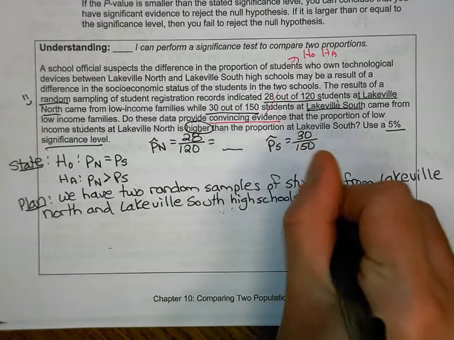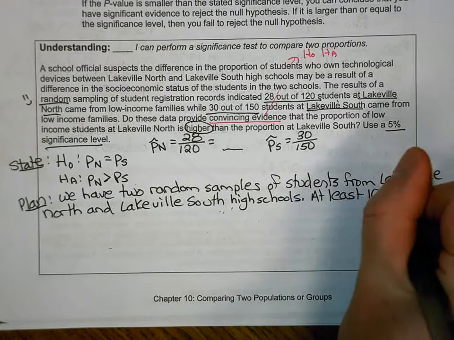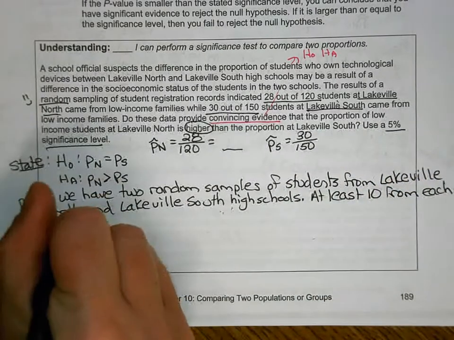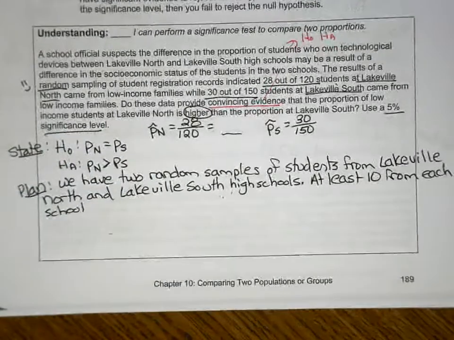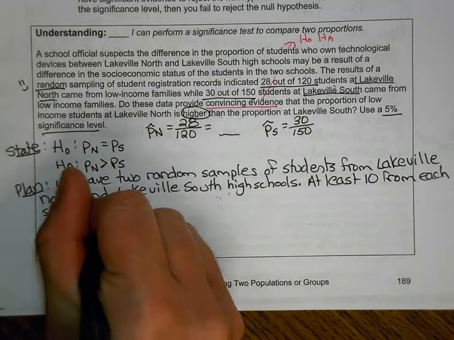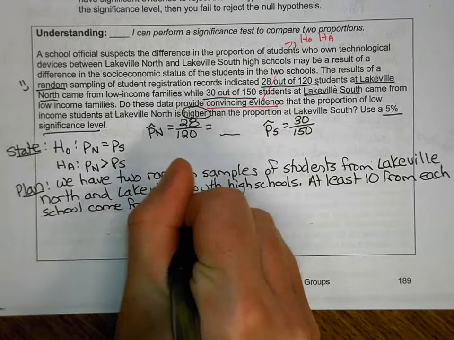And we also know that at least 10 from each school, what were they doing again? Oh, came from low income families. Came from low income.